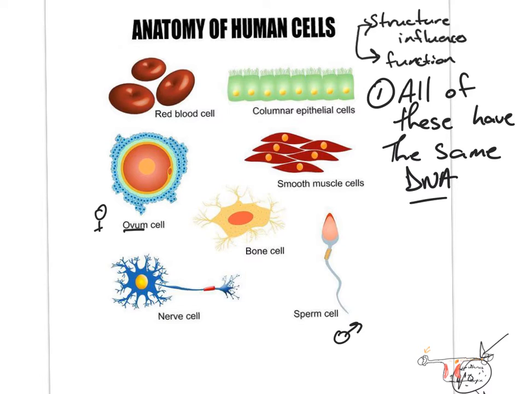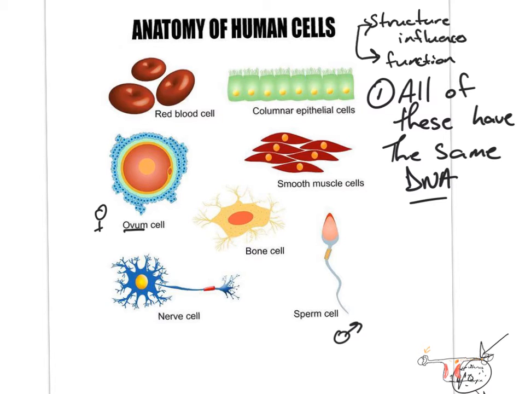All right, so all of these have the same DNA. So it's interesting that you can have red blood cells and these epithelial cells, they all have the same DNA. So how come they're different? Functions. Exactly, they all have different functions. Their structures are different, their functions are different, that's why they have different components.